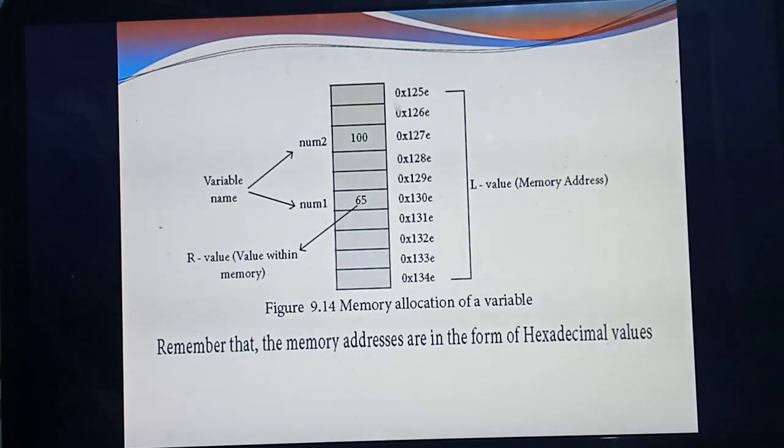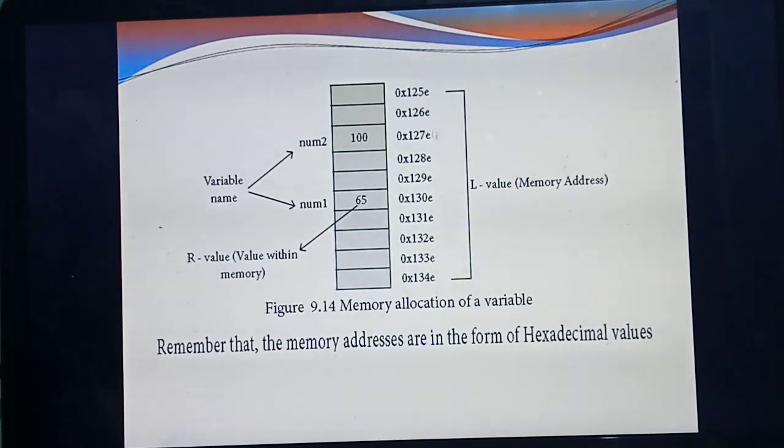Then L value means memory addresses. Have you seen 0x125e, 0x126e? Likewise, a lot of numbers are there. Each and every block will have a separate memory address. The two values we stored are 100 and 65.